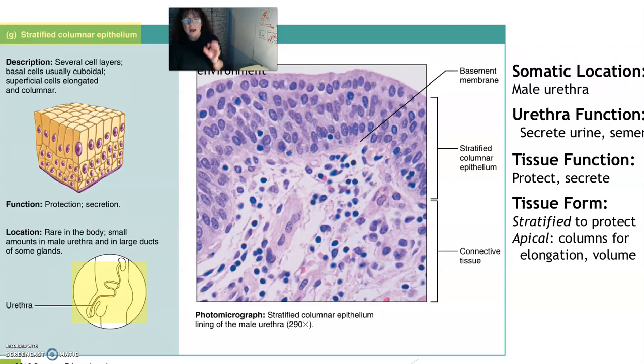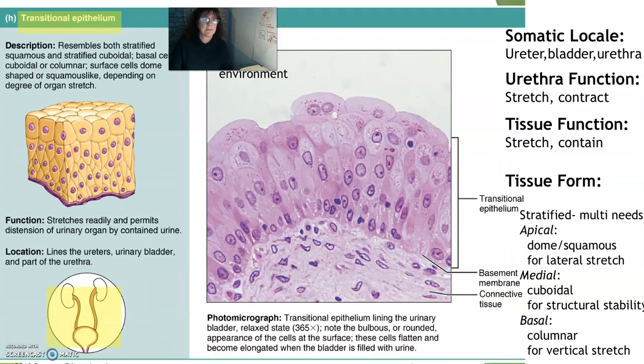So you can come to a columnar stratified epithelium in the urethra that would be good for holding volume in that column and secreting it, but also good at stretching out when that urethra needs to stretch during urination. So there's an example of form follows function for stratified columnar epithelium.